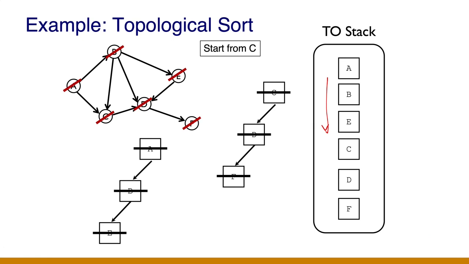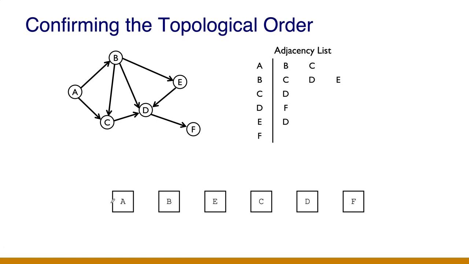Okay, so let's do a confirmation, right? So you pop out all the elements from the TO stack. Then this is the sequence of the topological order, right? So we can try to validate this particular sequence by drawing the edges between all pairs inside this horizontal view of the sequence, right?